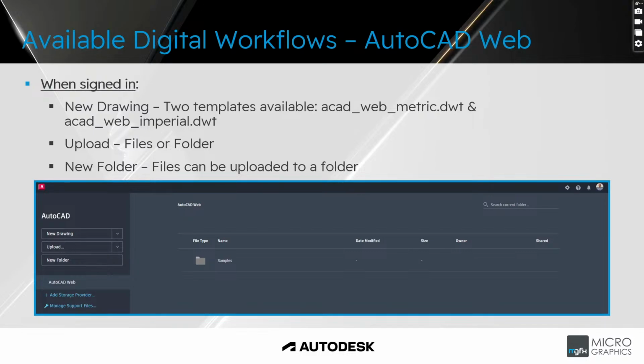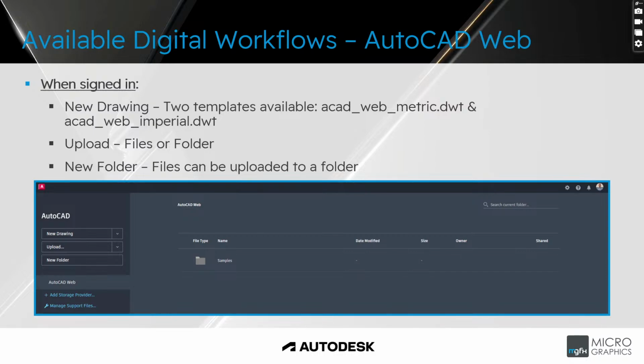When you've signed in to AutoCAD on web, you will have 2 templates available for new drawings. One is your metric.dwt template, and the other one is your imperial.dwt template as well. You can upload files or folders from the local device, and you can also create new folders.